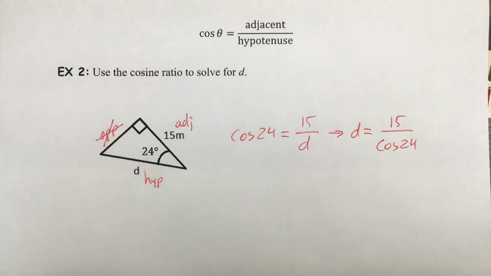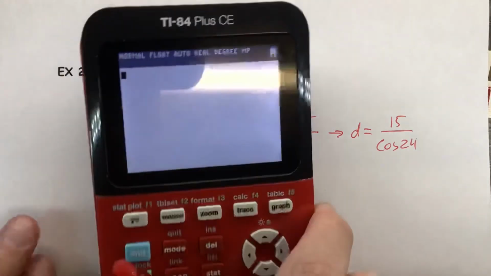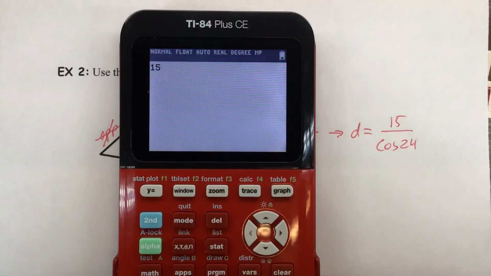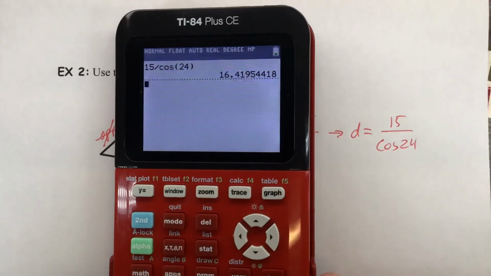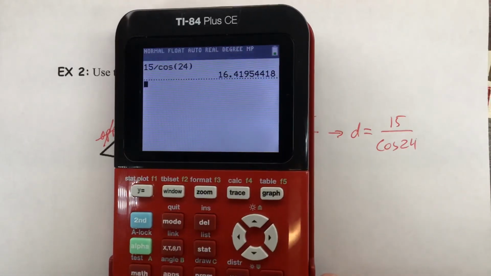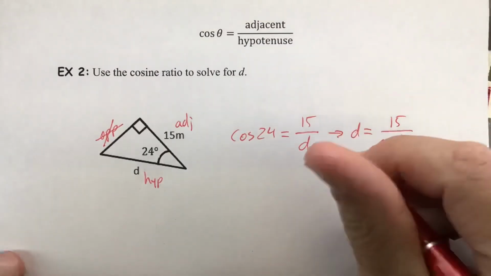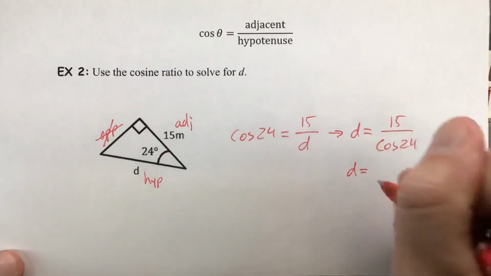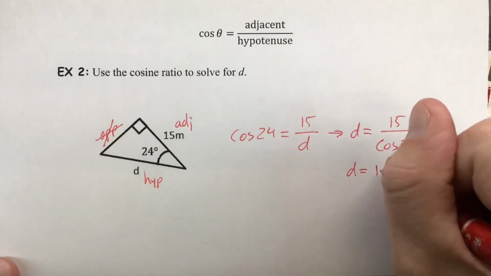Just go ahead and switch those around. So let's go ahead and evaluate this. We're going to take 15 divided by cosine 24, which is going to give us 16, let's call it 16.4. So d is going to be equal to 16.4.